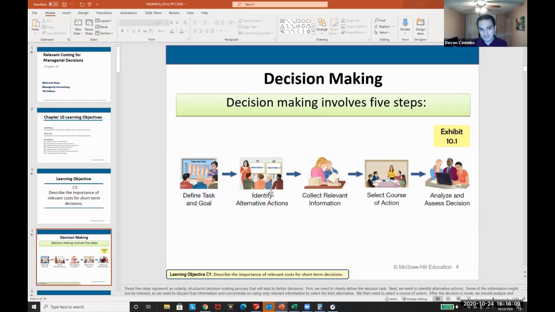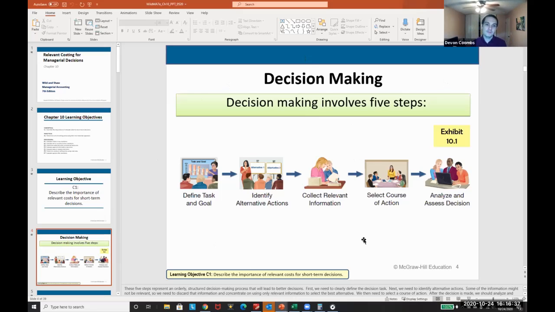Then after we identify all of the alternatives to reach our goal or task, we collect the relevant information. So we might decide how much it would cost, how much time it would take, who we need to hire, then ultimately select a course of action. And then afterwards, we have something called a postmortem, where we analyze and assess if the decision was correct, who made the decision, whether we should trust them to make a decision in the future, what went wrong.